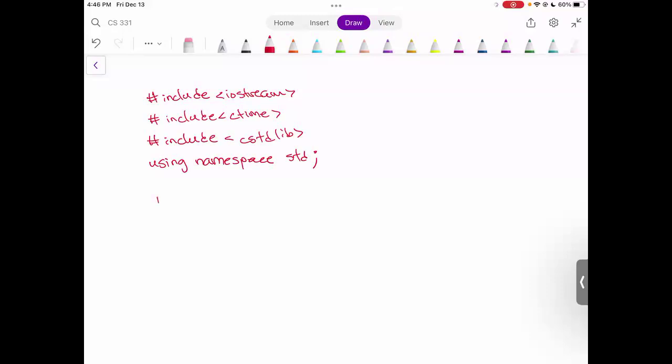Okay, so we go to our int main, and now we want a variable that holds the random number. So we say int r equals rand of 1000, right? Rand modulo max minus min plus 1, plus the minimum.